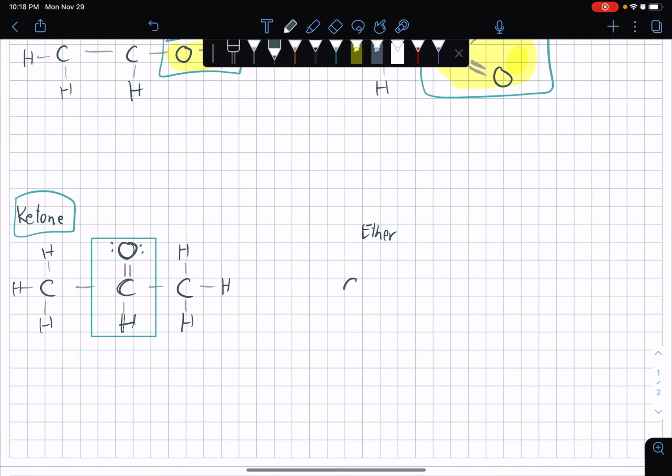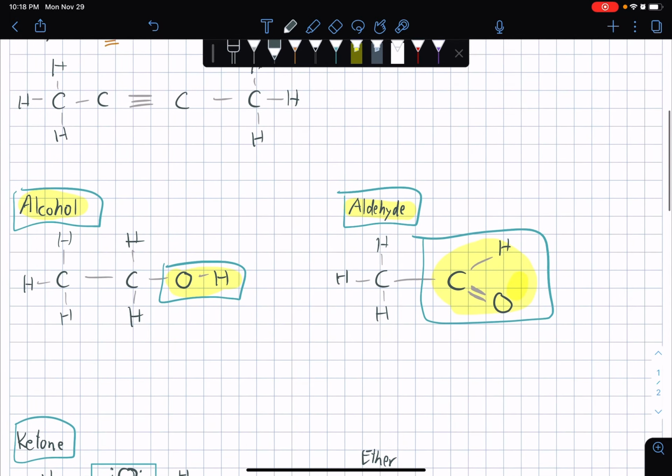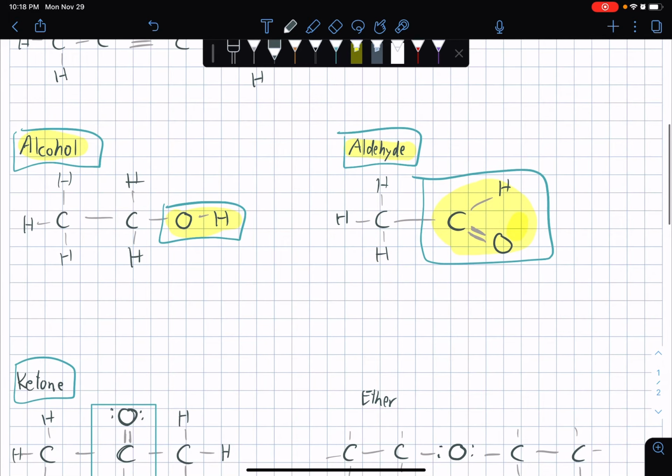This time for ether, we have 4 carbons, but there's a big gap in the middle. That would be our oxygen, with again 4 dots. I can't really be certain if ketone and ether are related, but in terms of their structure, they might be related, knowing that they both have carbons and hydrogen, just like any other functional group that we studied earlier.